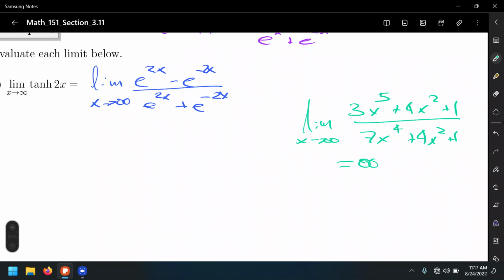All right, but this is with polynomials. Ultimately, like mentioned before, the long, painful process that they made you do in Calculus 1 was to divide by the highest power of x that you see in the limit.